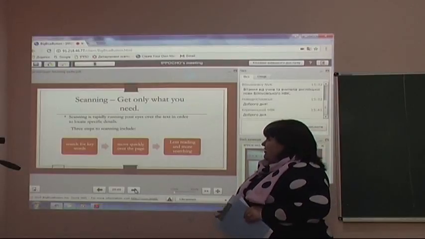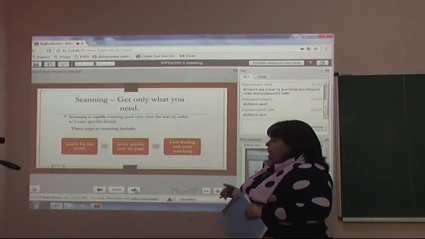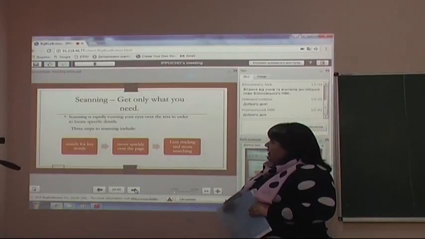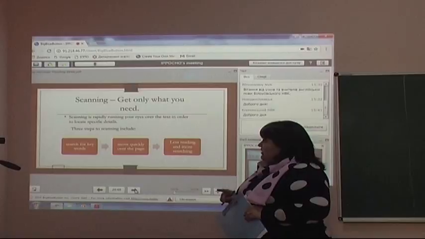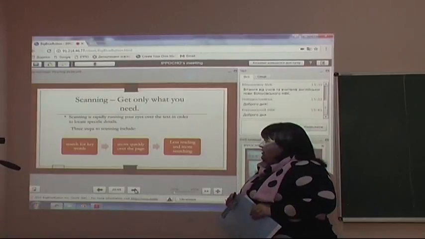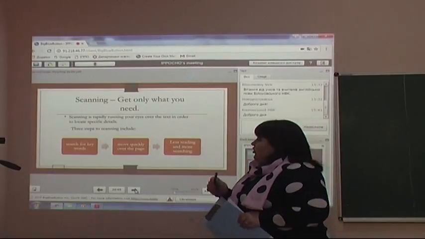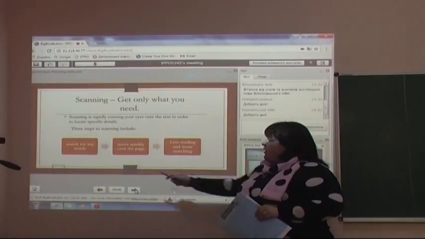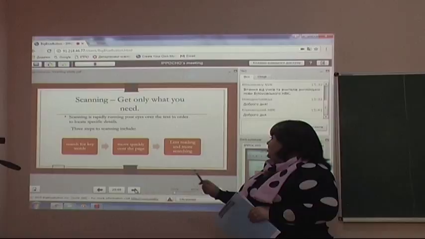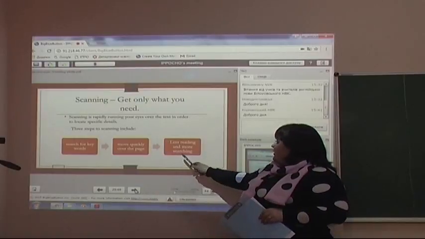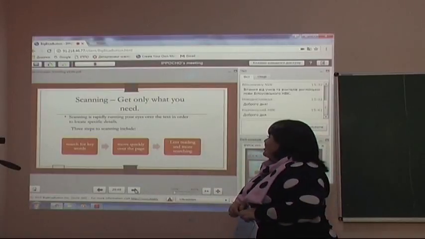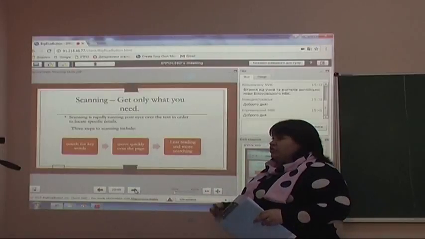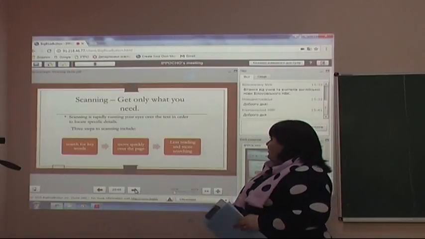Scanning is rapidly running your eyes over the text, so you need to be very attentive in order to locate specific details. Three steps of scanning are included. Search for keywords first. Then the second, move quickly over the page, don't stop. And the last one, less reading and more searching. So you need to work with the text. You don't read, you just find something.